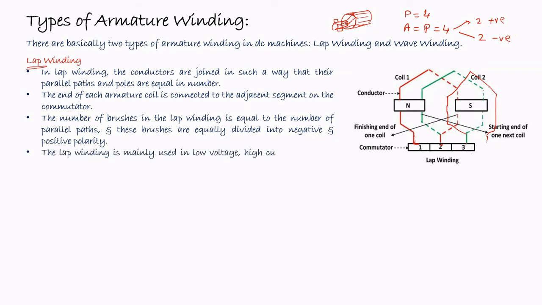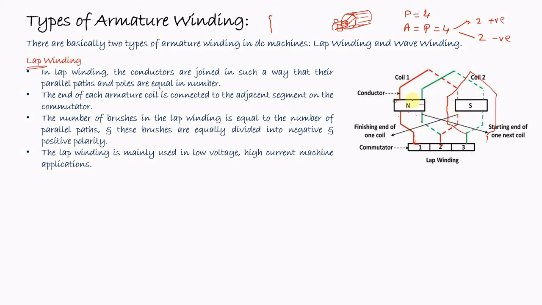The lap winding is mainly used for low voltage and high current machine applications, as here the windings are bunched together under one pole. That means if it is the north pole, then under the north pole there are a number of conductors. Here only 2 conductors are shown on one side and 2 conductors on the other side.